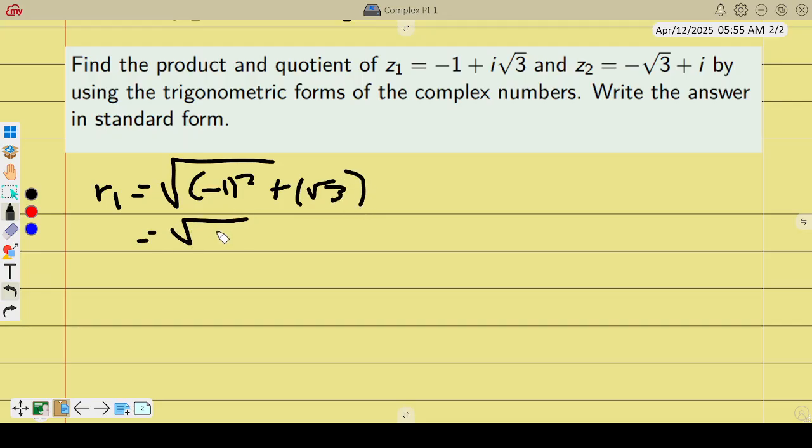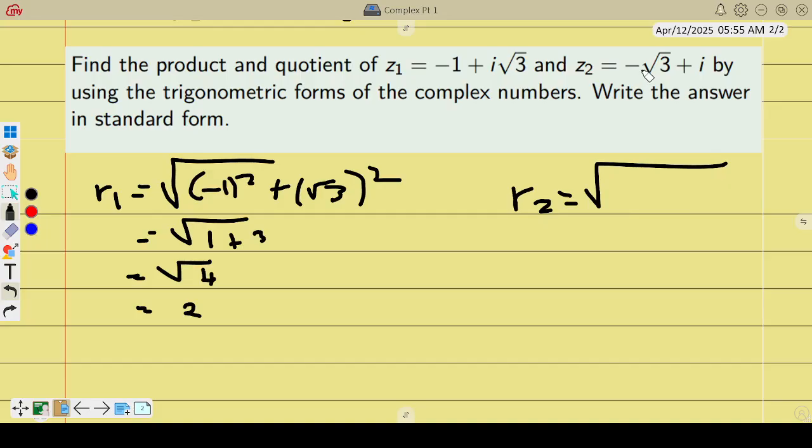So this will be square root of, here this is 1, and then when the square cancels with this, it's 3. So we're going to have 4, and R1 it's 2. Yeah, so this is our R1, and then what about R2? R2, it is our x, it's -3, and then the number with I, it's just a 1.